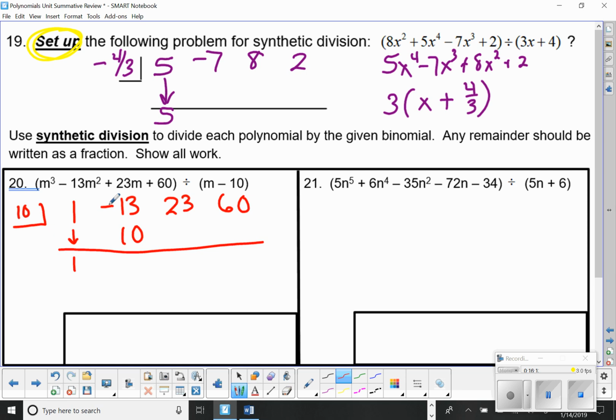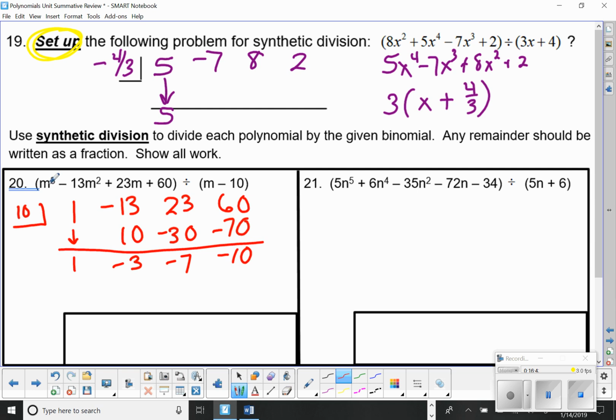Adding these together, I get 3. 10 times 3 is 30. Adding, sorry, is negative 30. Adding these together, I get negative 7. 10 times negative 7 is negative 70. Adding these two together, I get negative 10.